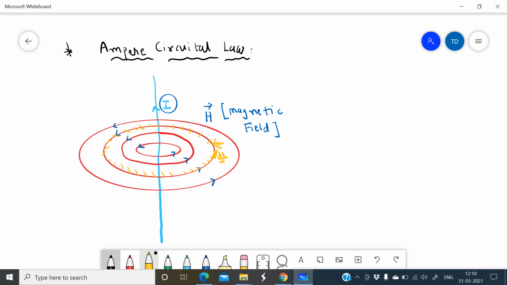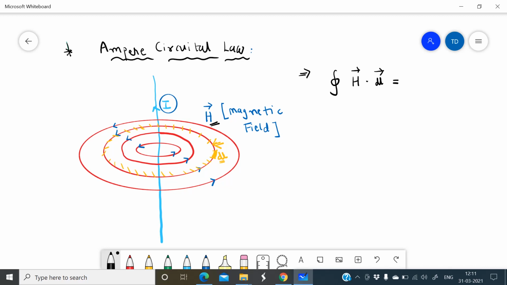It states that the closed line integration of magnetic field intensity H is nothing but the current enclosed by that path. If you see this circle, how much current is enclosed by this circle?